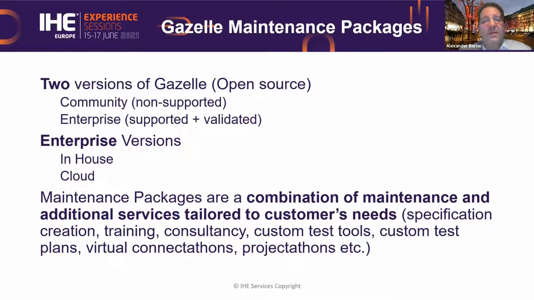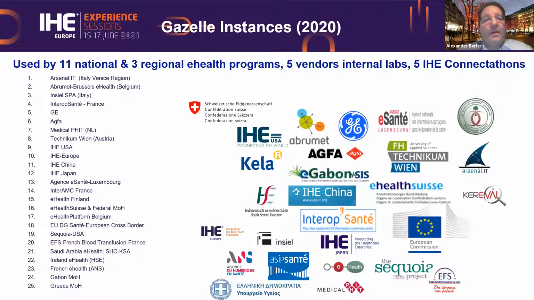And there are specific support and maintenance packages related to that. There are about 25 instances of Gazelle that have been implemented in recent years. Most of them are operational, and most of them are currently supported by the IHE services team.